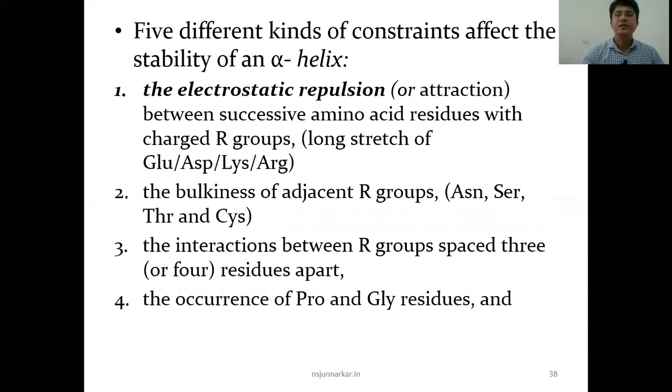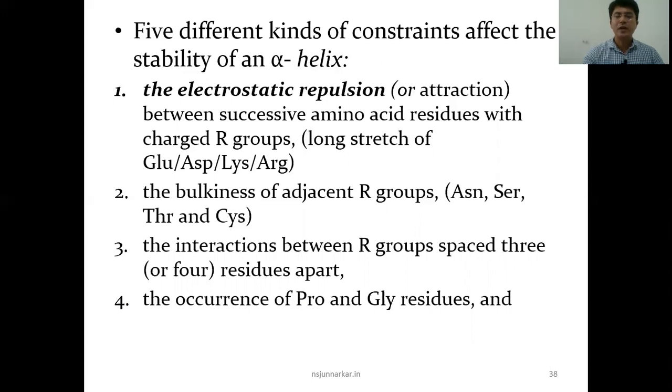Five different kinds of constraints affect the stability of an alpha helix. One is electrostatic repulsion or attraction, which occurs between successive amino acid residues with charged side chains. The bulkiness of the adjacent R groups, such as asparagine, serine, threonine, and cysteine. The interactions between the side chains which are spaced 3 or 4 residues apart can also contribute.